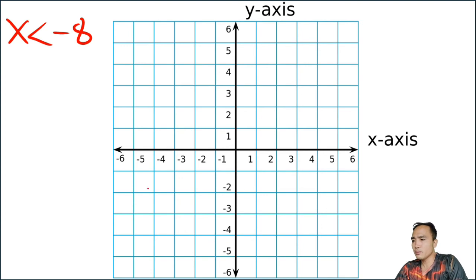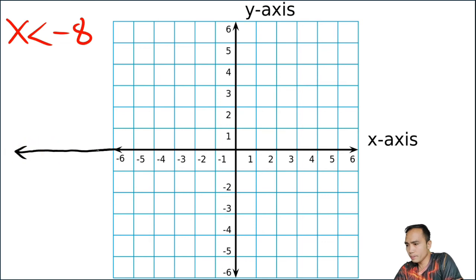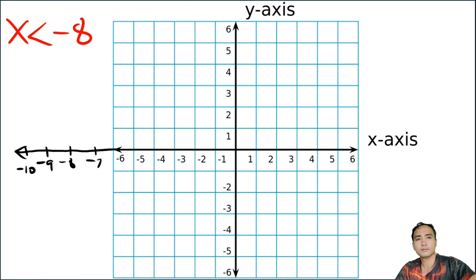Okay, let us graph our solution set. Let us extend our number line first. So we have negative 7, negative 8, negative 9, then negative 10, and so on. Negative 8 is here.